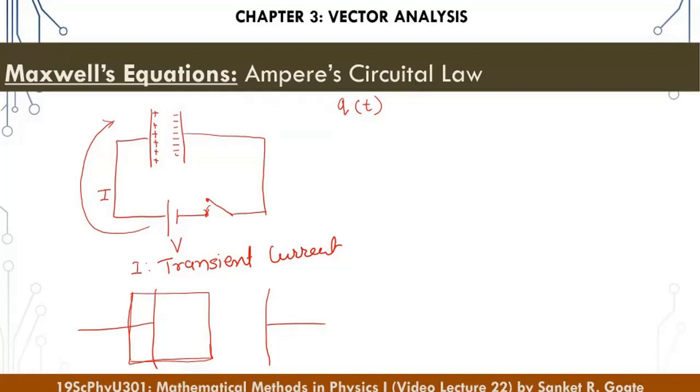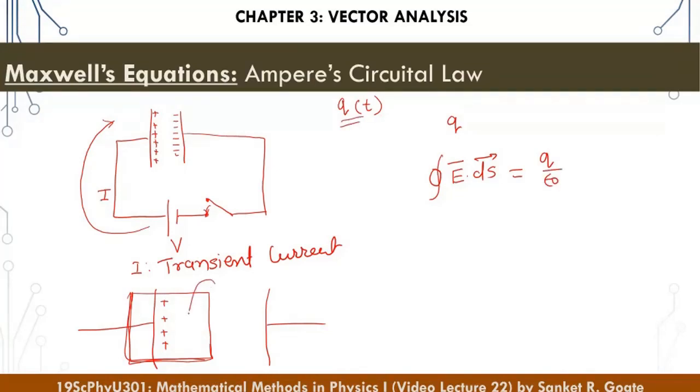And now what we will do is, for this Q, the positive charge on the capacitor, we will use Gauss's law for the electric field. So what we know is E dot dS over this closed surface, which encloses this positive plate, is equal to Q enclosed, which is a function of time now, divided by epsilon 0.